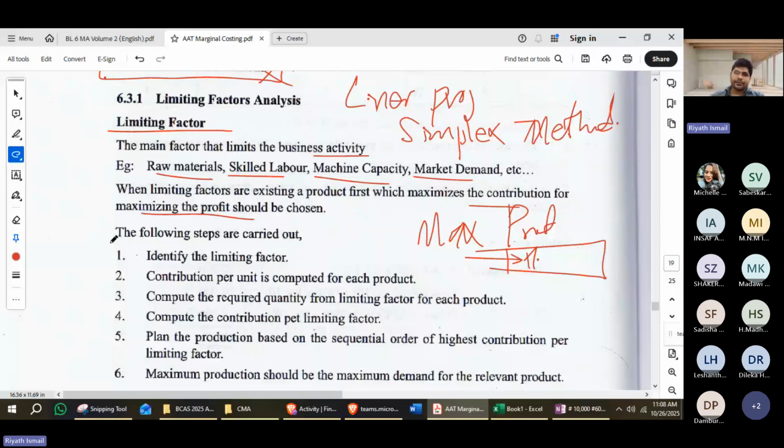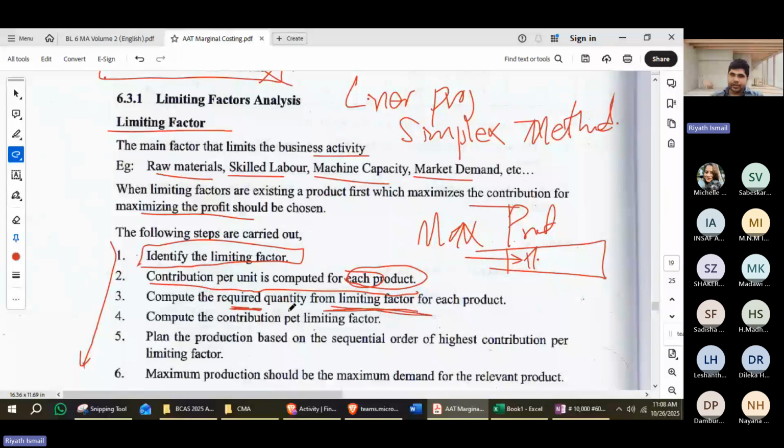The necessary steps. First, identify the limiting factor. Second, find the contribution per unit for each product. And for each product, compute the required quantity of the limiting factor, that is how many hours or units of limiting factor we need. Then compute contribution per limiting factor.